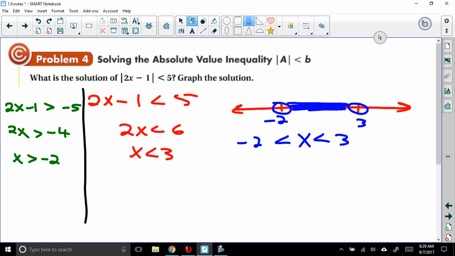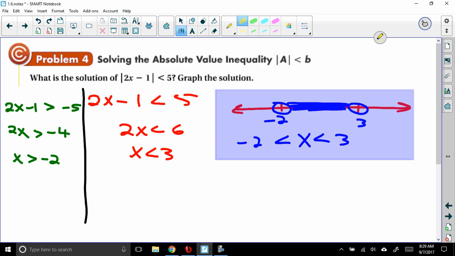So there it is. There's our answer. Graphed. The numbers are negative 2 and positive 3. What's kind of unusual is that there's two answers in one. I don't know if anybody can picture this. Do you see this expression right here? Can you read that from right to left?